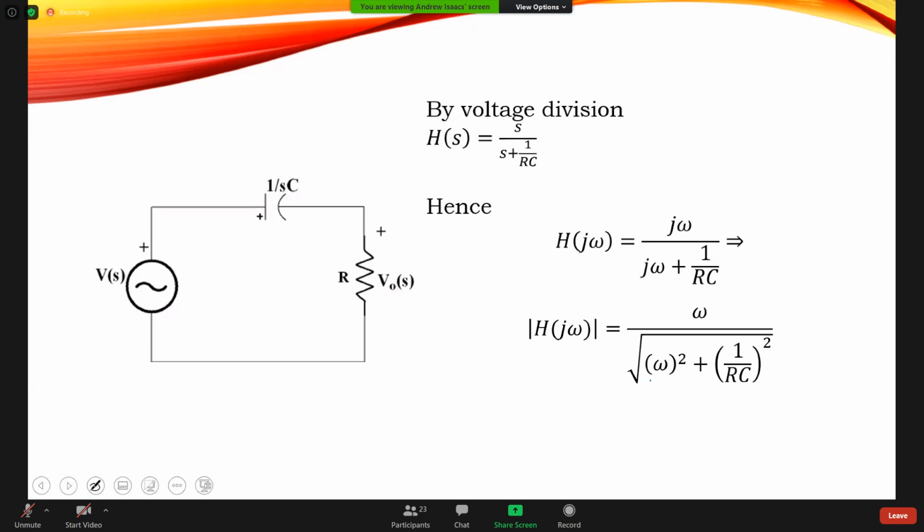So that's the modulus, that's the magnitude, and the frequency. This is at an angle of 90 minus tan inverse omega RC.